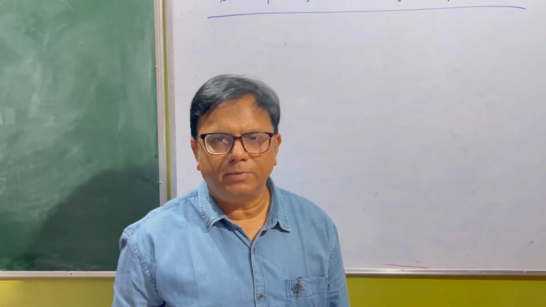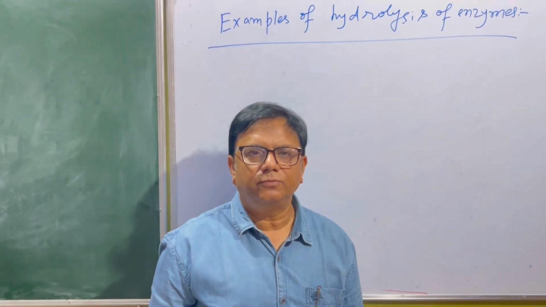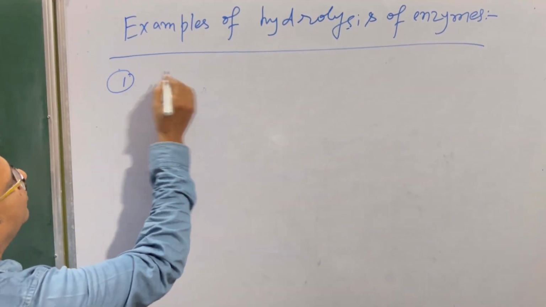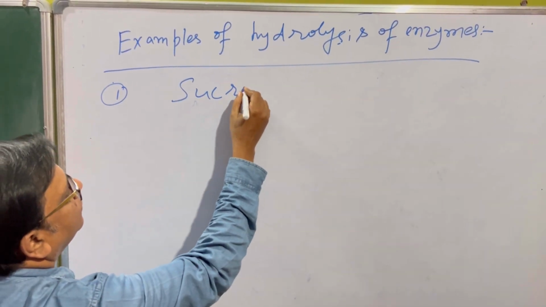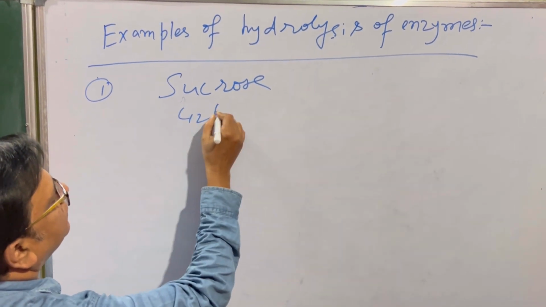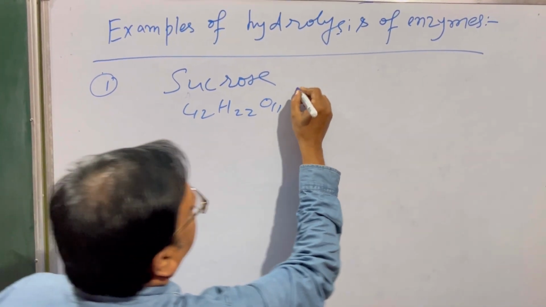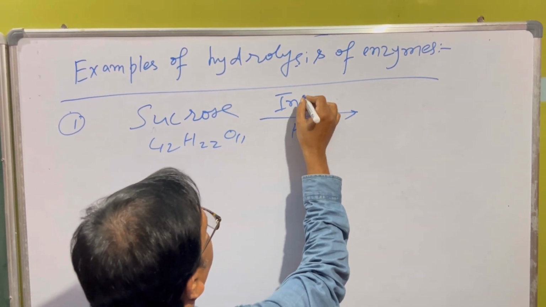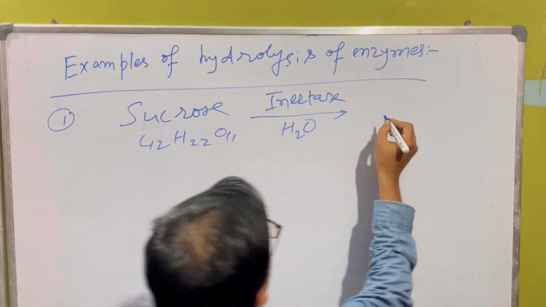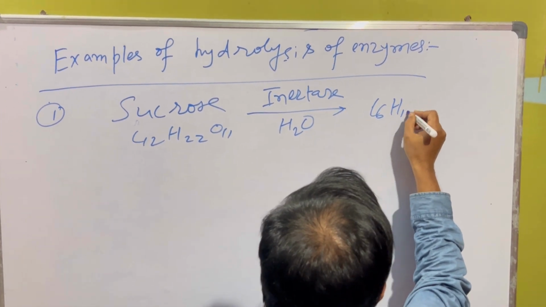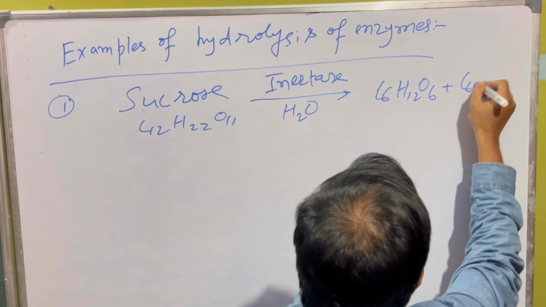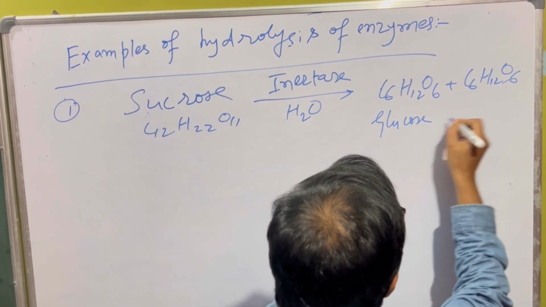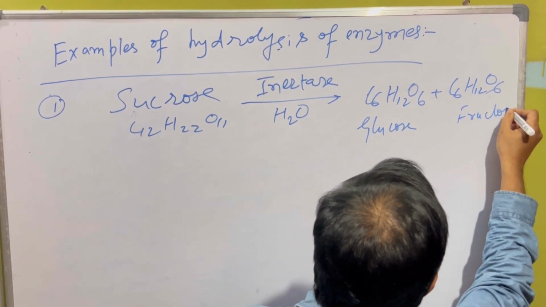Now let us see some examples of enzyme catalyzed hydrolysis. The most important is hydrolysis of sucrose: C12H22O11 plus H2O, with the enzyme invertase, gives glucose and fructose.